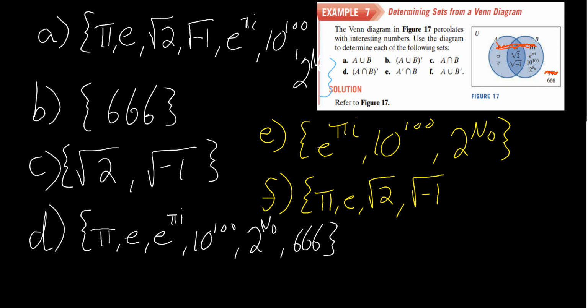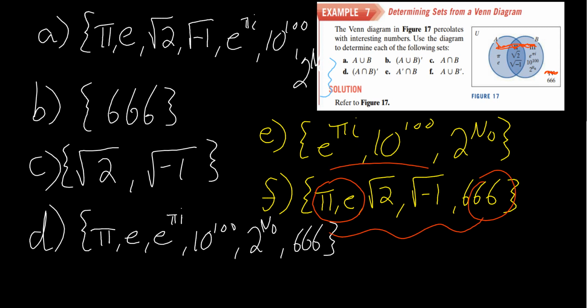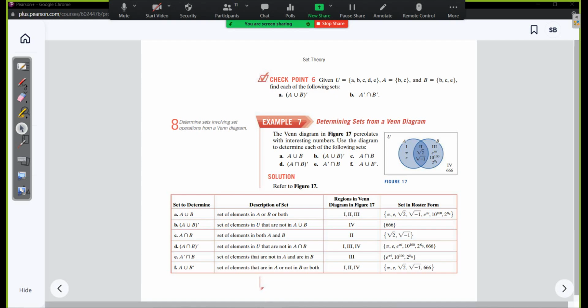So all the elements that are in A, and then of course the elements that are in B complement will be 666, and that's it. Again, pi and e are in B complement, and so is 666, and then we union that with A, which was these first four terms here. So this one was kind of tricky because we still include the square root of 2 and the square root of negative 1 because they are in A.